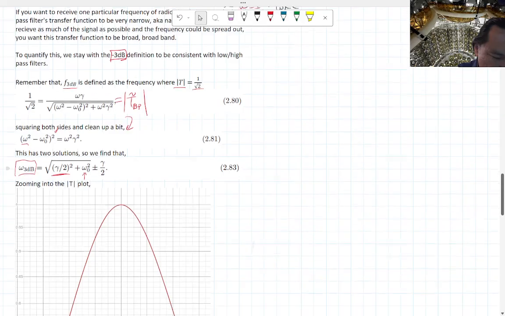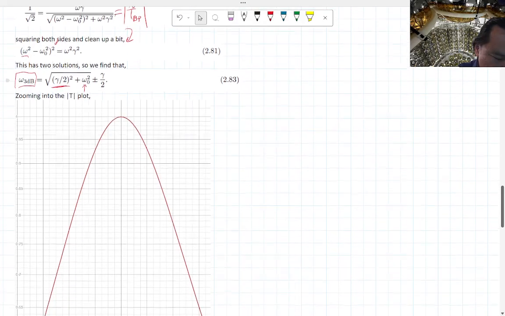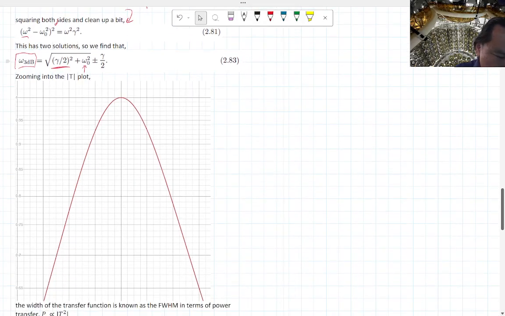I'm going to describe this pictorially on the transfer function plot once again. This is the zoomed-in version of it. Here, at 1, is where you have the resonant frequency, where the transfer function equals 1.